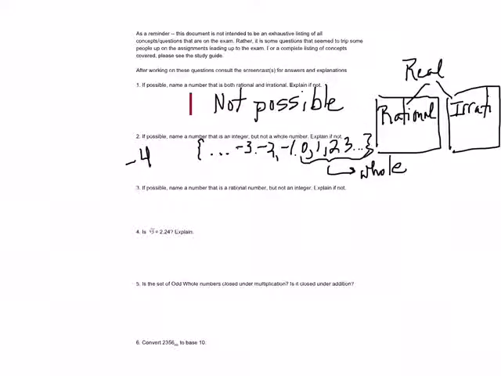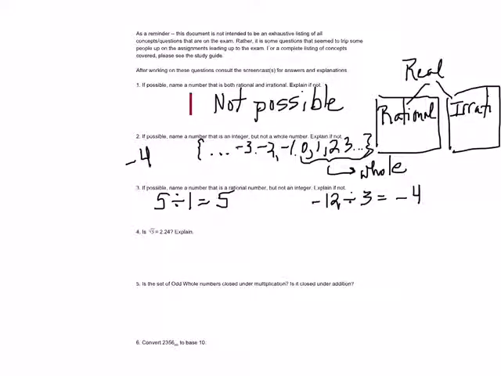Next is, if possible, name a number that is a rational number but not an integer. A rational number is what you get when you divide two integers. Sometimes when you divide two integers, let's say 5 divided by 1, you get an integer. Or let's say -12 divided by 3, we get -4, an integer.